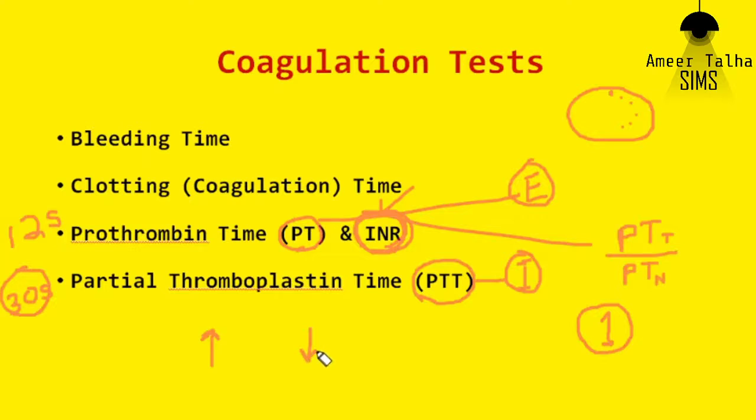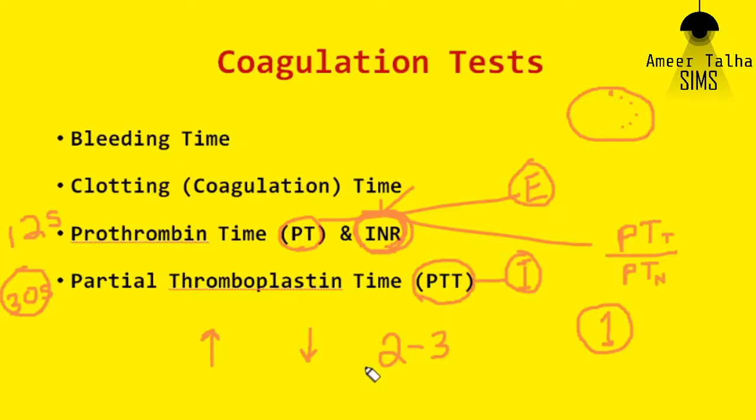Normally, in patients on warfarin therapy, the INR is determined, and the goal is to keep the INR value around 2 to 3.